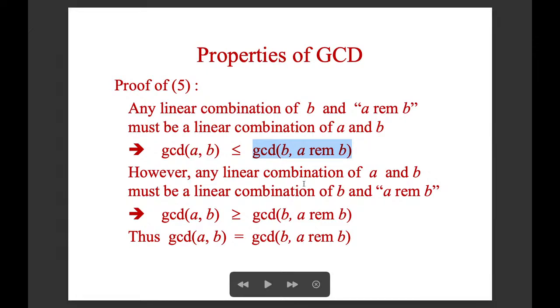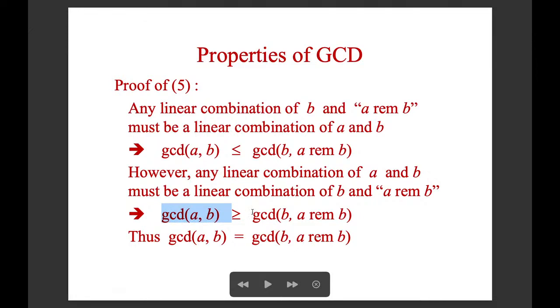On the other hand, opposite this time, any linear combination of A and B, we can always express it as a linear combination of B and A mod B. Each time we see an A, we replace it by some quotient times B plus A mod B. Rearranging the terms, any linear combination of A, B can be seen as a linear combination of B with A mod B. Again, we repeat the argument, so that we know that the GCD of B and A mod B must divide this linear combination.